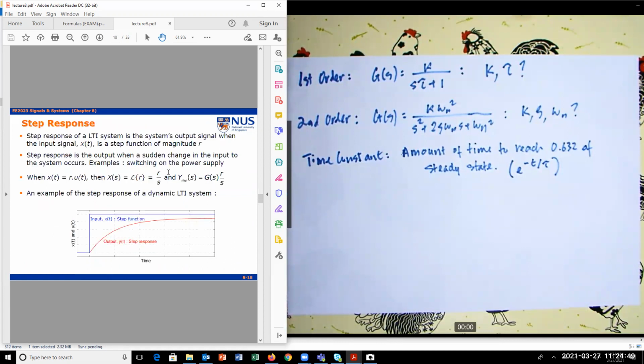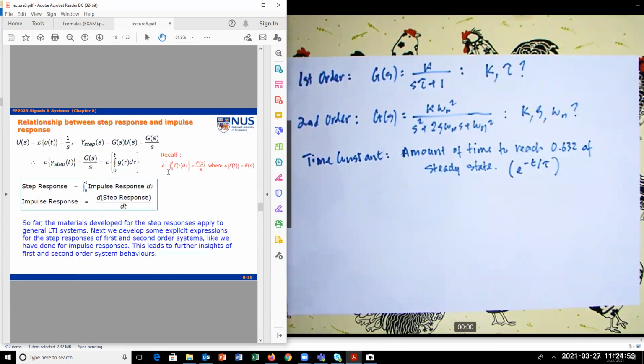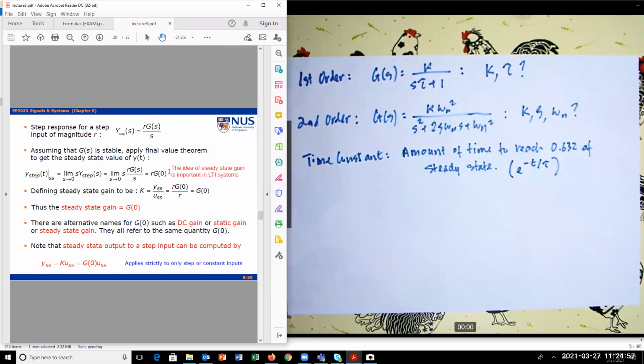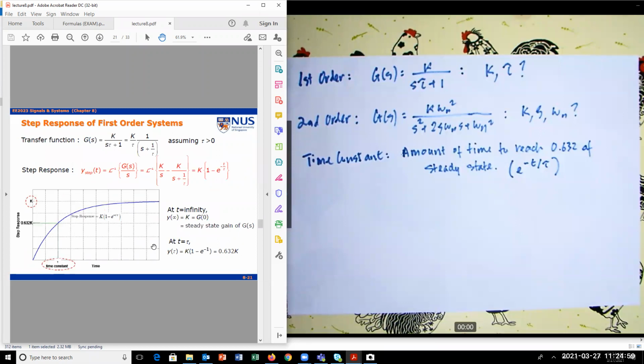Where is the step input? Okay, this is the step input. Where is the graph? I'm just trying to... here it is. Okay, here's the graph. You see here, this is the output.